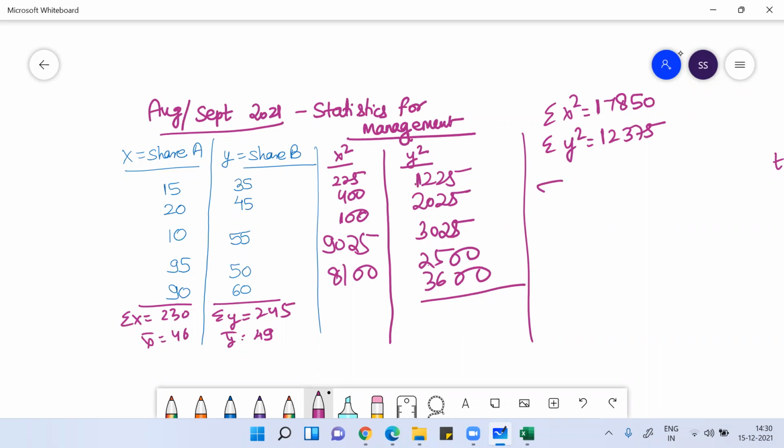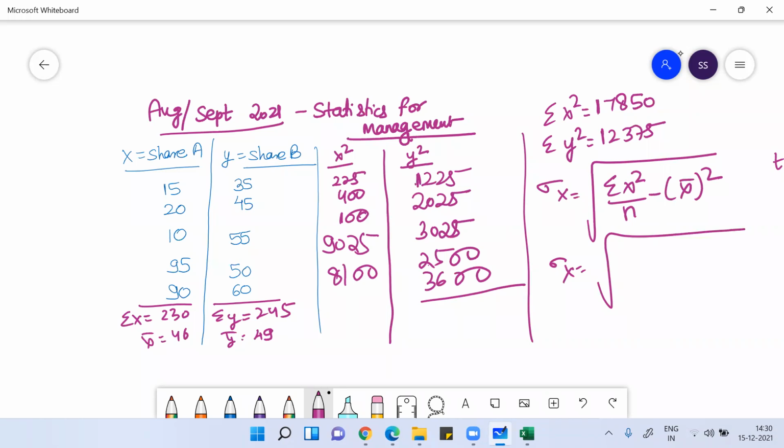So I can find the standard deviation of x, that is the square root of summation of x square by n minus x bar square. The sum of x square is 17850 by 5 minus x bar square. X bar is 46, 46 square.